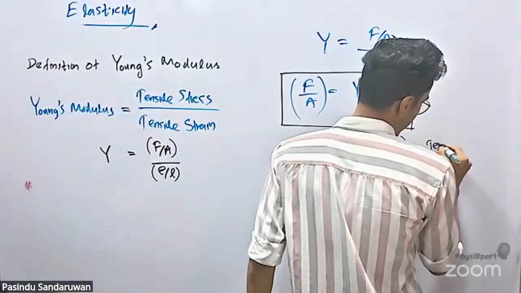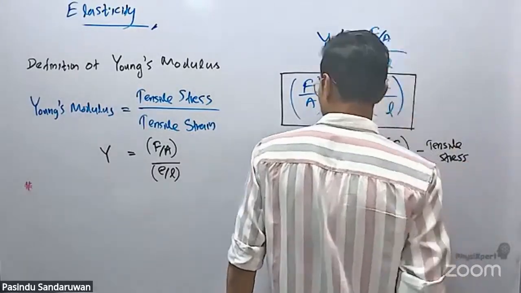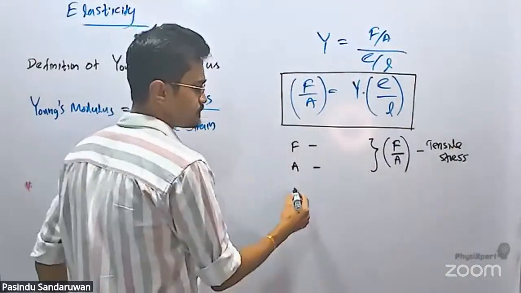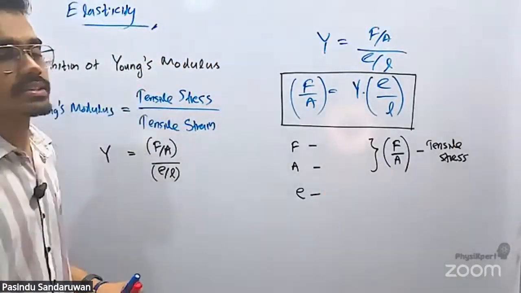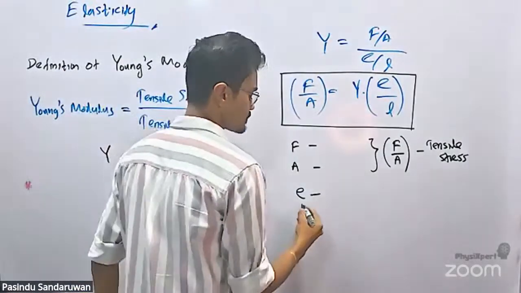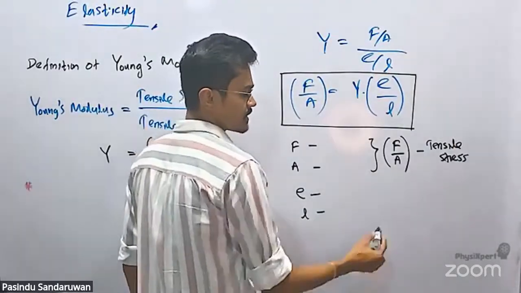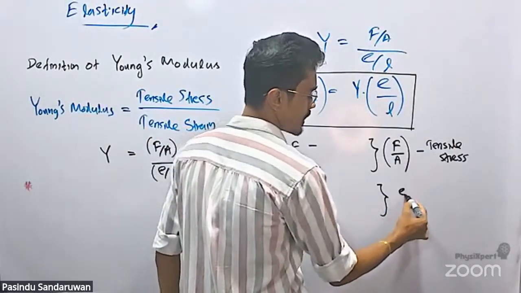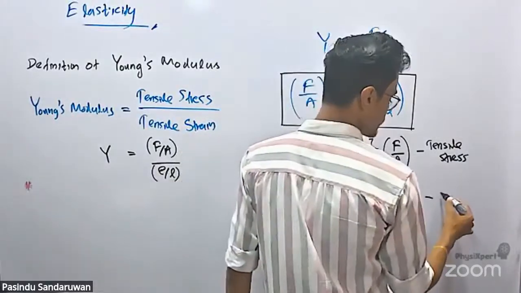F over A, tensile stress. Then E. What is E? Extension. L, initial length. Put a curly bracket for these two, write E over L and introduce E over L as tensile strain.